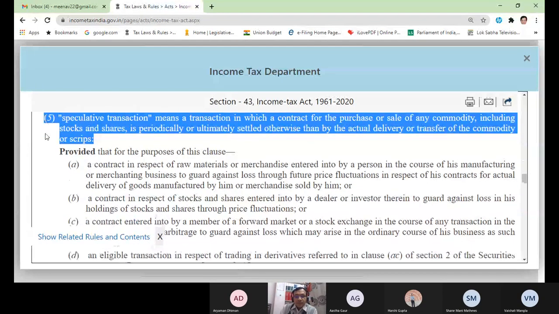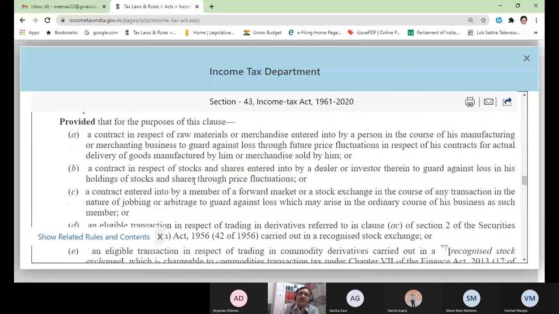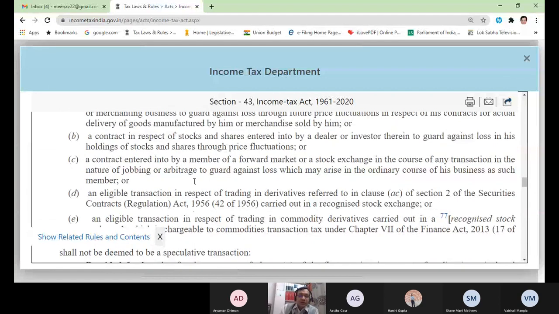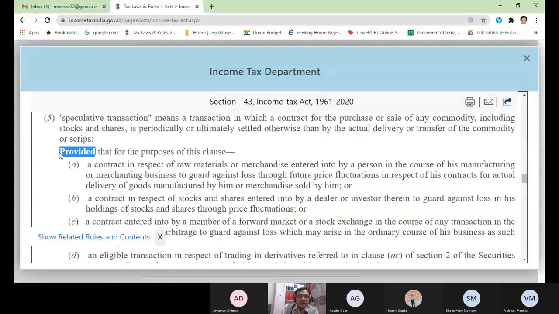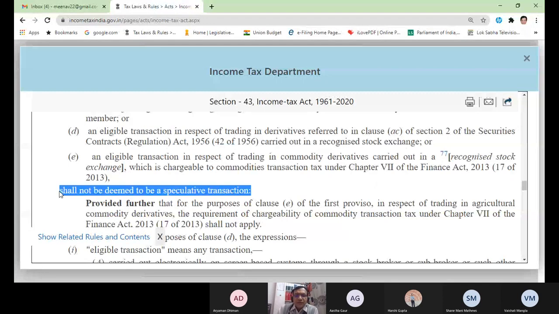However, I gave you the example of derivative, but derivative is deliberately excluded from the meaning of speculative, as the proviso suggests: for the purpose of this clause, there are 5 such cases which shall not be treated as speculative. Derivative takes place through a recognized stock exchange.